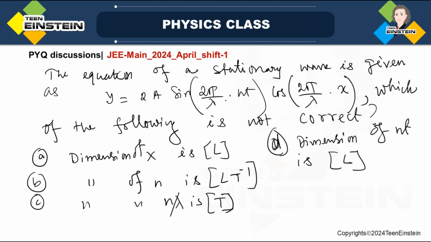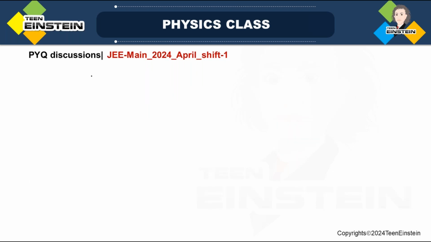First of all, the whole thing, 2 pi by lambda into nt, will be dimensionless. So how do I get a dimensionless quantity over here? This is of no dimension, like 0 dimension. This is having L, so L inverse.